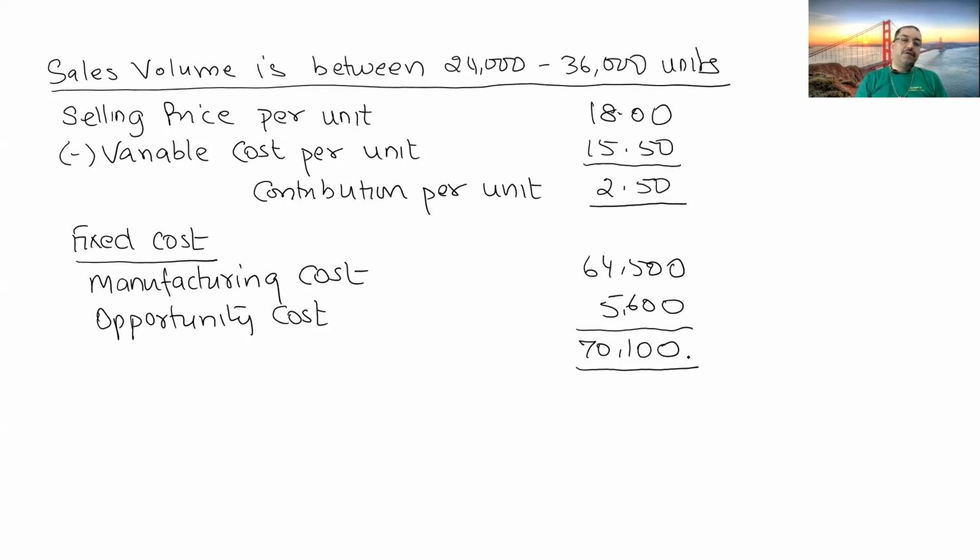Now with these details, we are supposed to find out the profit at all these levels: 15,000, 20,000, 24,000, 36,000, and between 15 and 20, between 24 and 36, and so on.